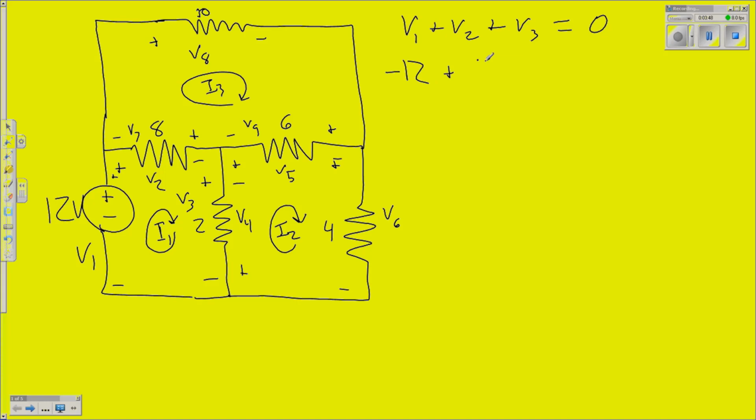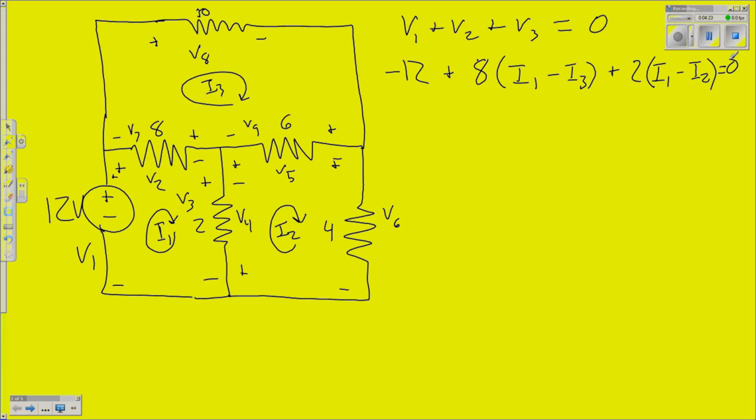We take the resistance, so 8, and multiply by the difference between I1 and I3. And we do the same for V3. So in this case, we have a 2 ohm resistor, which we're adding since we're going through the positive to the negative. So we add 2 times I1 minus I2. And this equals 0. Okay, so that's our first equation.